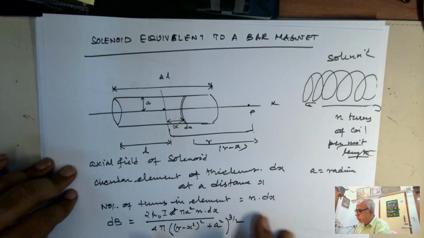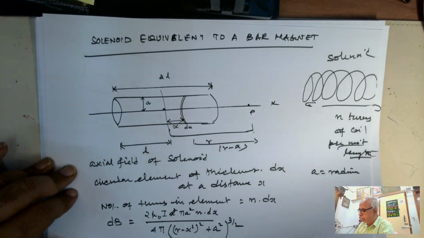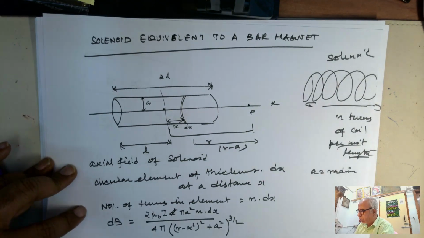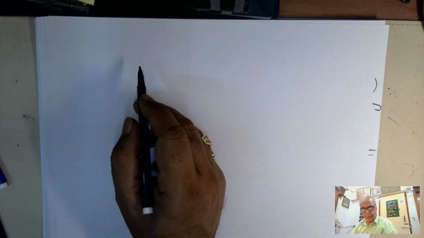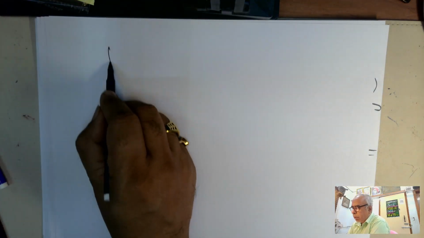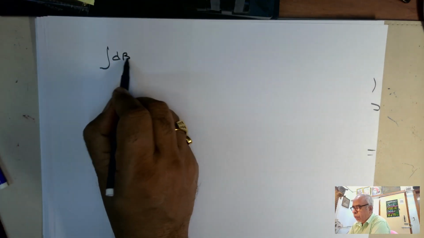So this is the equation for dB. Now we are going to integrate this.